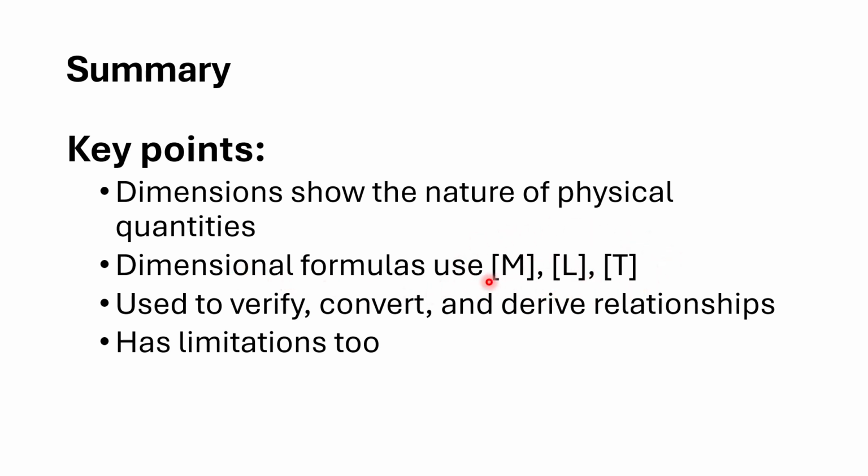MLT are the basic units for finding the formula of any physical quantity. Dimensional analysis is used to verify whether an equation is dimensionally correct or not, for conversions, and to derive relationships, such as directly proportional and inversely proportional relationships. And the main thing, it has limitations too, as everything has.